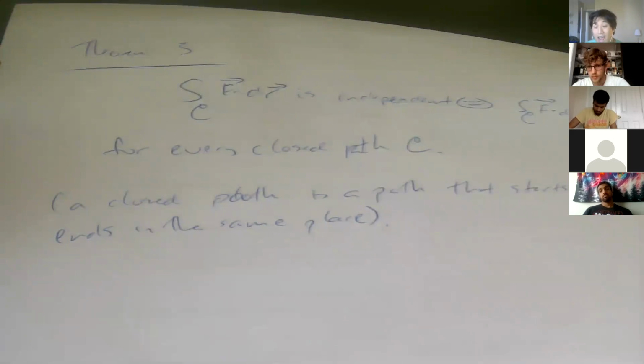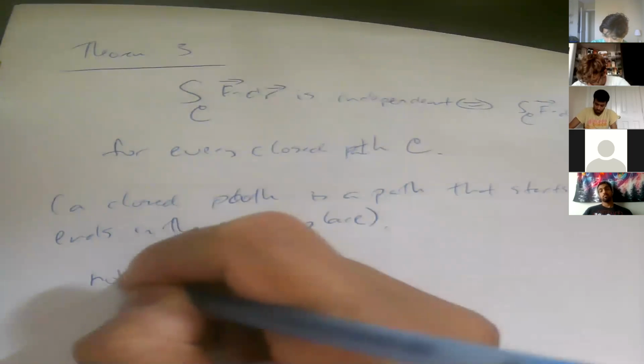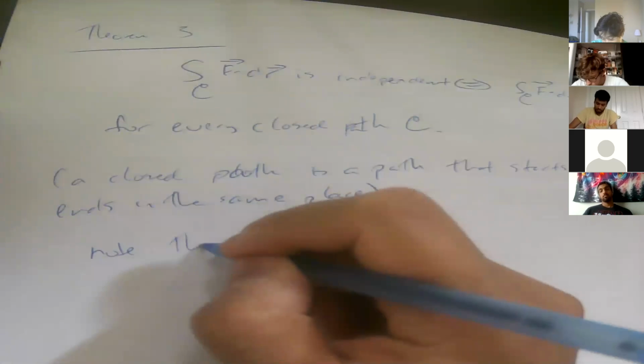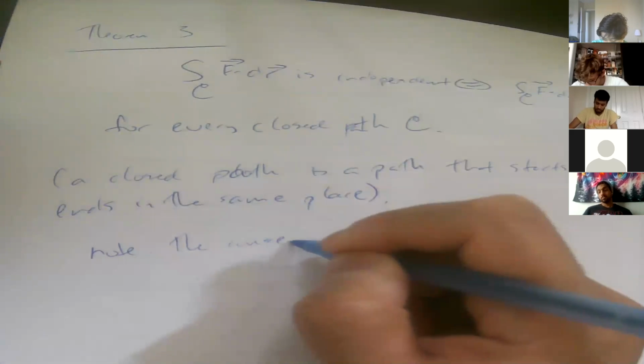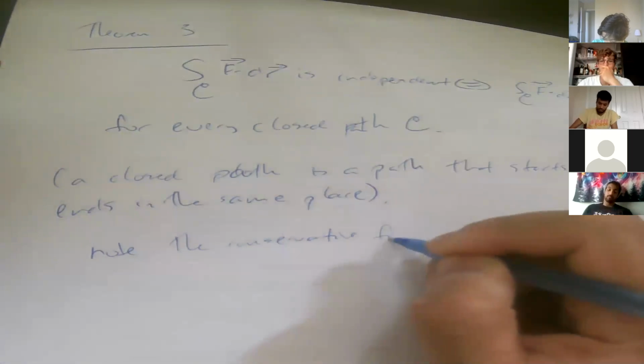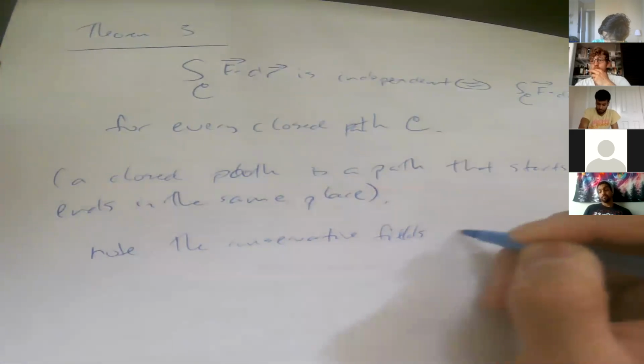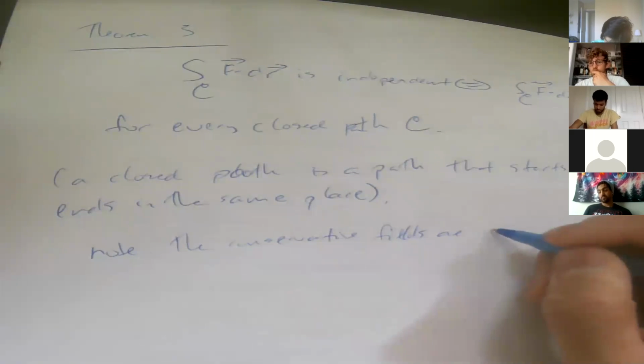So if I start and end in the same place, the work done by the field is 0. Note that conservative fields are path independent.